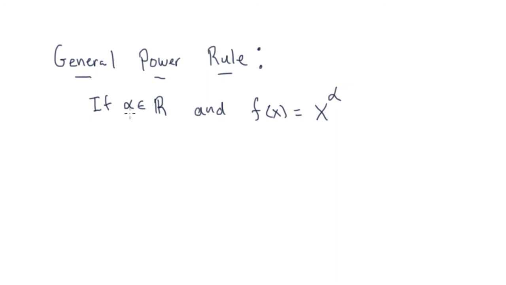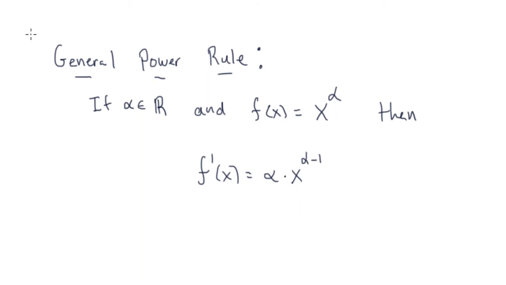It could be square root of 2. It could be a rational number, 1/2, 3/4, etc. Then the derivative follows the exact same formula that we had for the case for a non-negative integer. It's just alpha times x to the alpha minus 1.